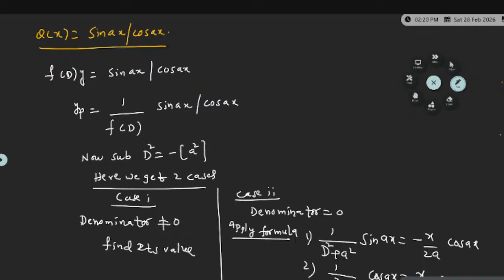What is the substitution here? D square equal to minus a square. And when the denominator is 0, you must apply the formula: 1 by D square plus a square sin ax equal to minus x by 2a cos ax. 1 by D square plus a square cos ax equal to x by 2a sin ax.